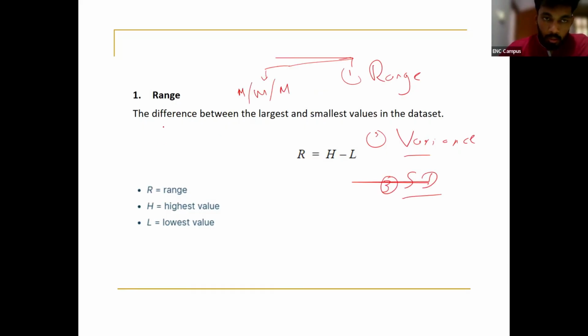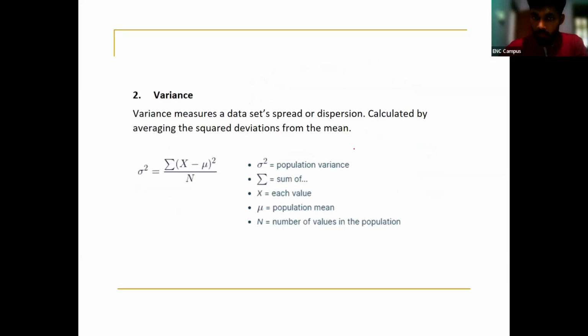The range is the difference between the largest and the smallest value in the data set. R is denoted by H minus L, highest value minus the lowest value, that is the range.